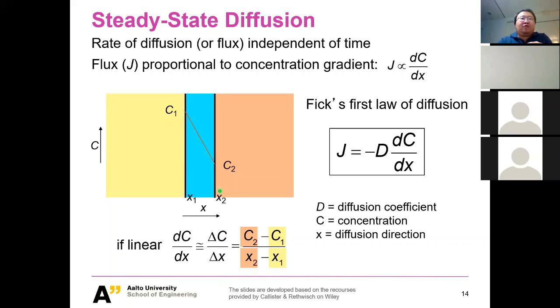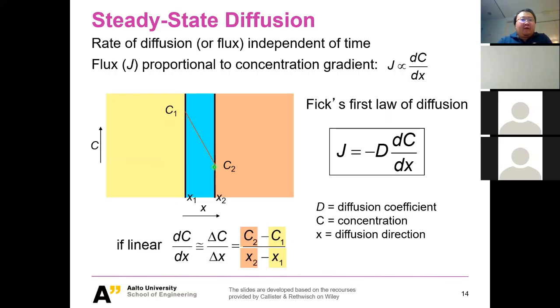This doesn't need to be true for the steady state diffusion, because here I draw a line between this delta x and between these two concentrations. It can also be a nonlinear curve, it can be anything, as long as this curve does not change with respect to time, then you have a steady state diffusion.